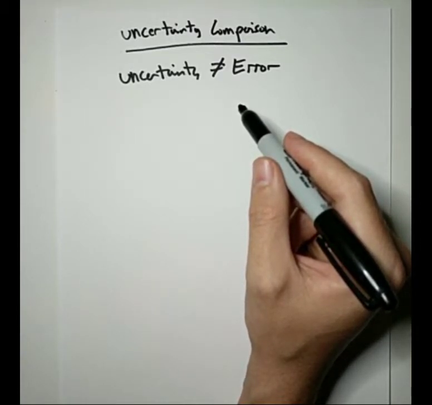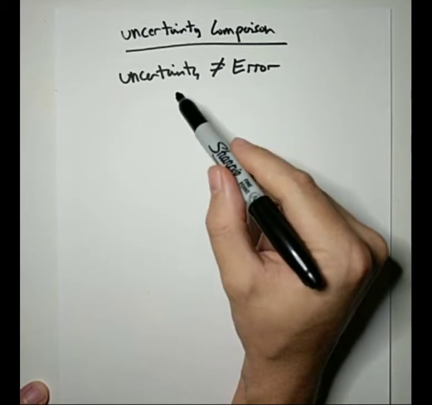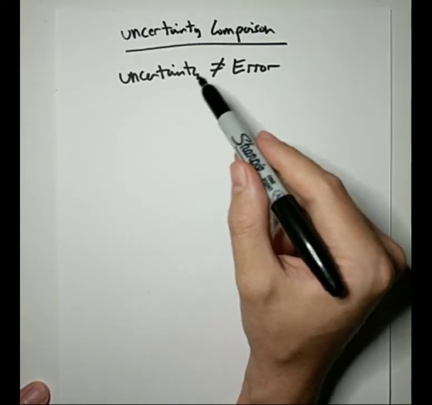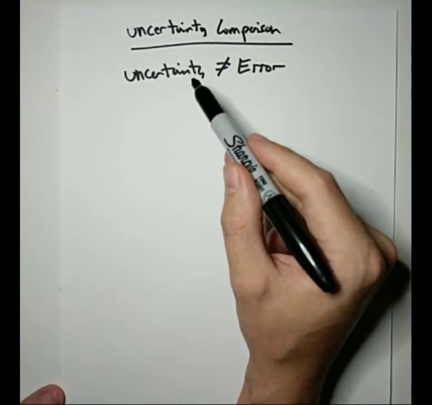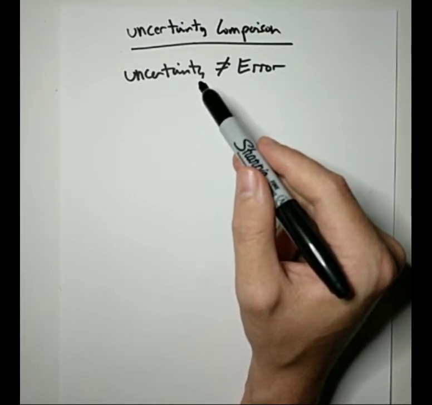Well, if the stick is actually 6.5 inches, you had no error in your guess, but you had a lot of uncertainty in that guess. Whereas the person who measured it 30 times had a little bit of error, but they had very little uncertainty in that measurement.